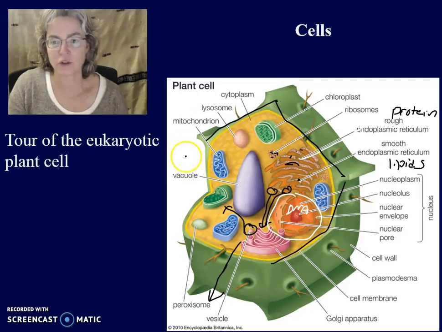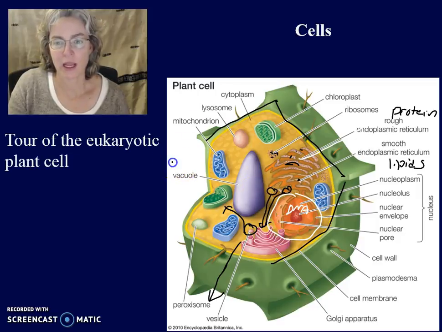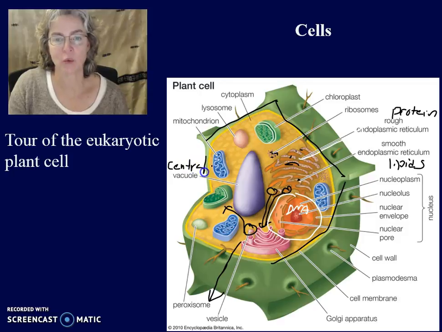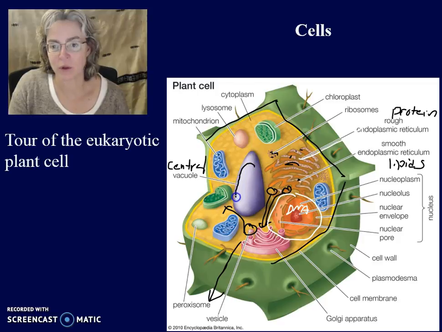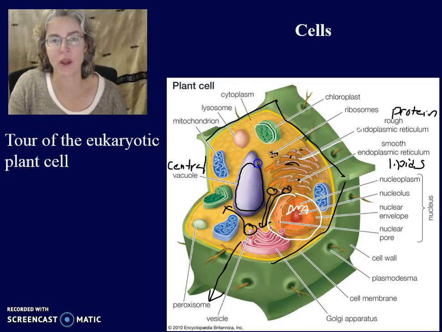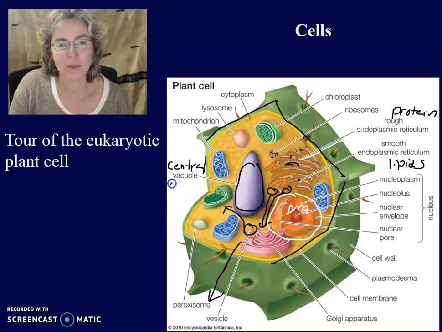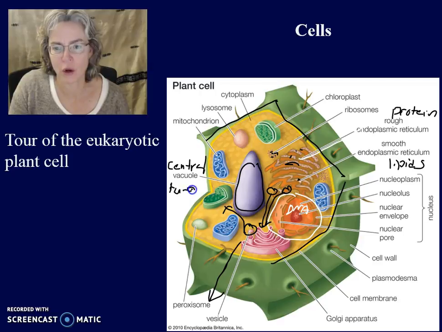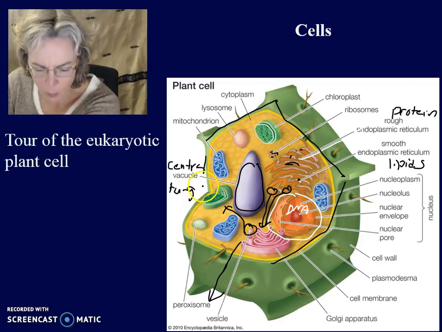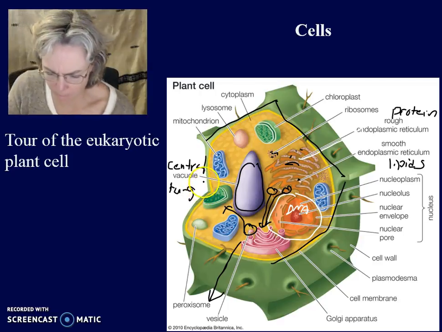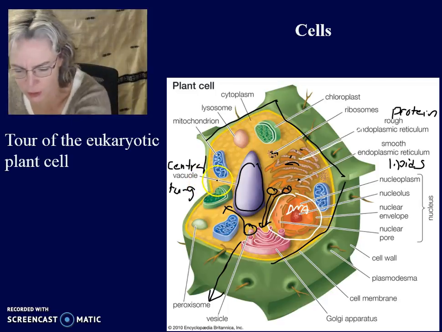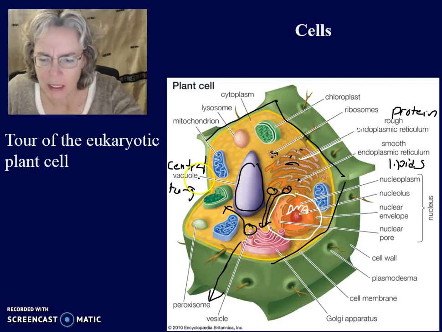There's another structure in a plant called a central vacuole, and that vacuole gets filled with water, and it allows the plant to have turgid pressure. Make sure I'm spelling that right. Let's see.